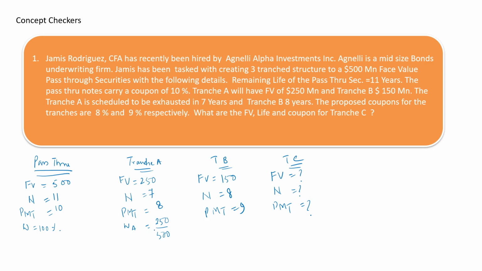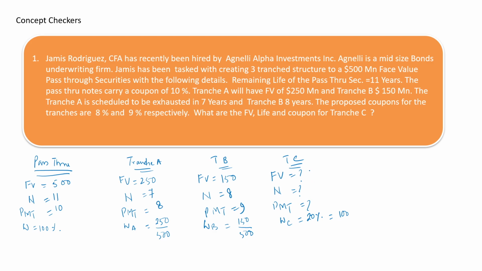So the weight of tranche A is 50%. The weight of tranche B is 30%, which necessitates that the weight of tranche C would be 20%. 20% would mean this becomes 100 million. You do the math because it's that easy.